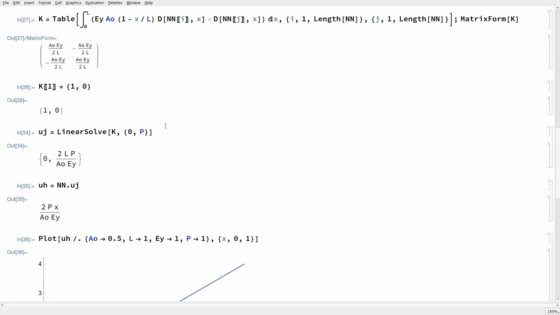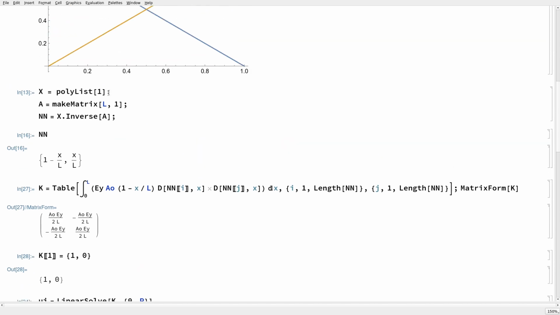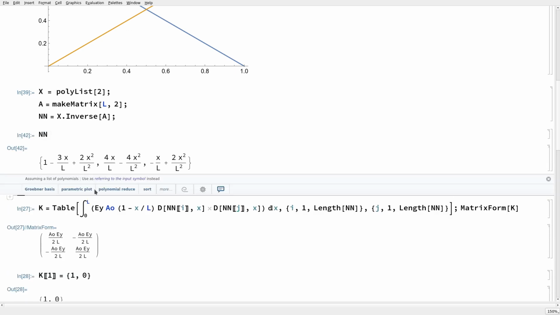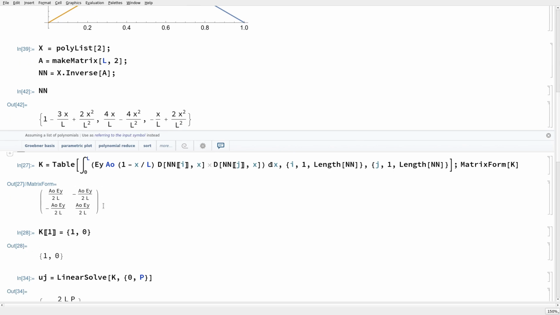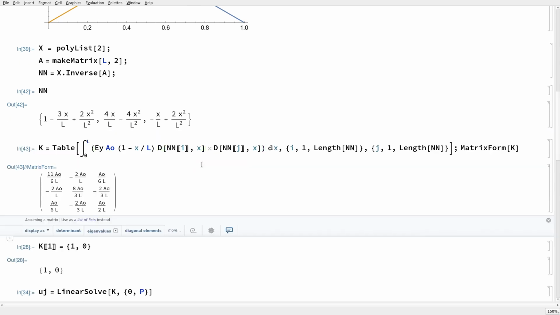We could also use a quadratic interpolant, right? So going back up here, if I change the interpolant to quadratic, so second order, now my shape functions look like that, right? I have an interior node, okay? And then my stiffness matrix looks like that, right?